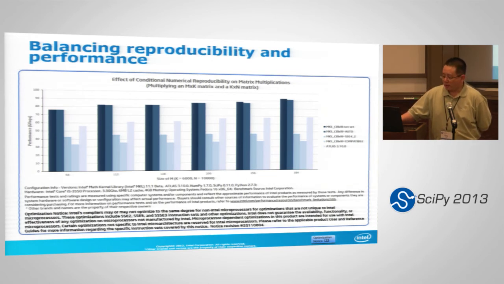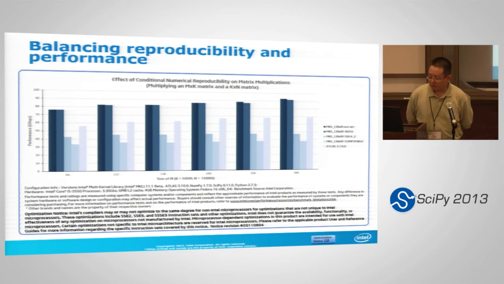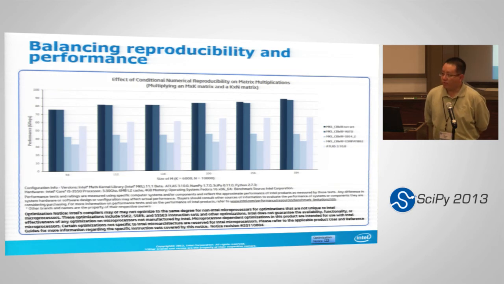And those controls give you reproducibility at the price of performance. Looking at this graph, the darkest blue bars are the performance when this control is not set on an AVX machine. By the way, the unit here is gigaflops, so the higher the better. We see the darkest bars are highest. Next to it, we set only auto. So we say, I don't care about reproducible results across different processors, I just want reproducible results from run to run on this processor. That has very little performance impact.